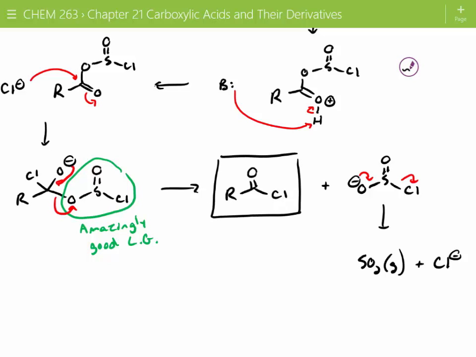So essentially we're trying to make a better leaving group than the halogen in order to get the halogen to install. There are a few other reagents that are used for this transformation, but for our book, they tend to stick with thionyl chloride. You can also use PCl5, and we're not going to get into that mechanism.